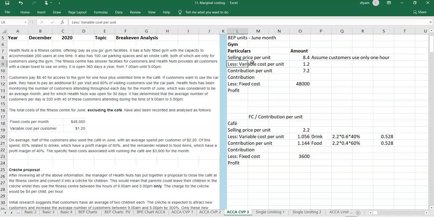So what do we want? We want BEP units. We know the formula: fixed cost divided by contribution per unit, which is 7.2. So we'll get the answer.